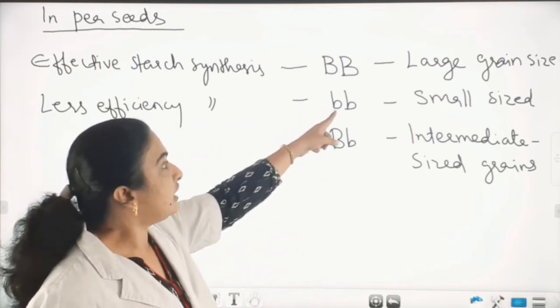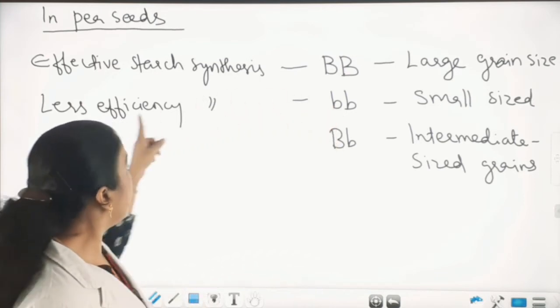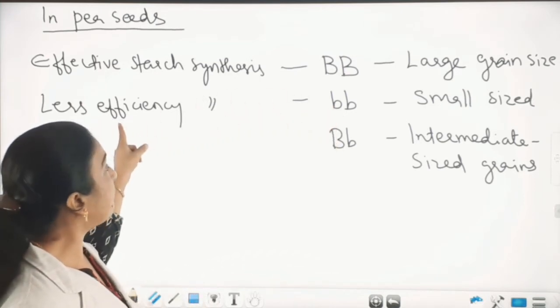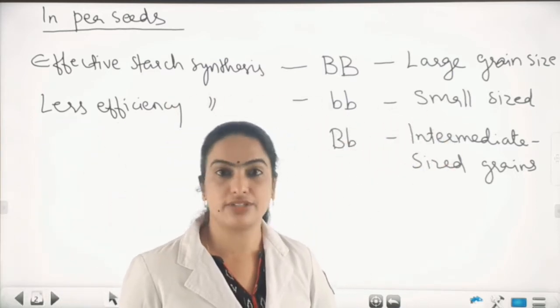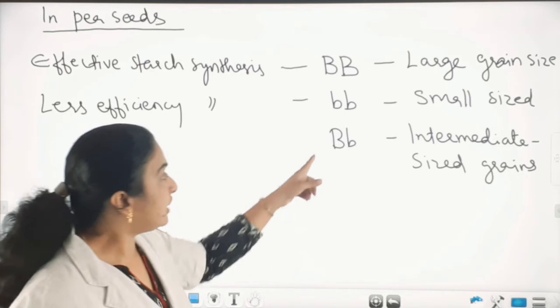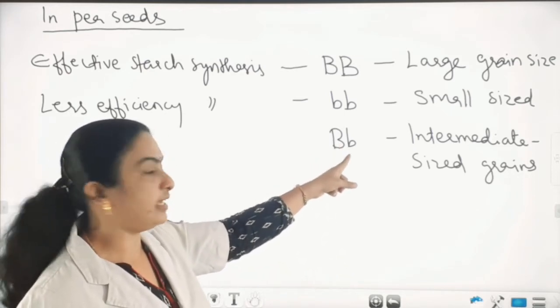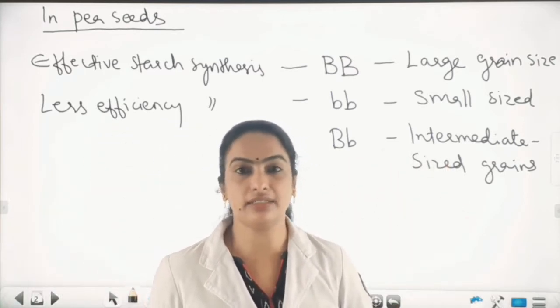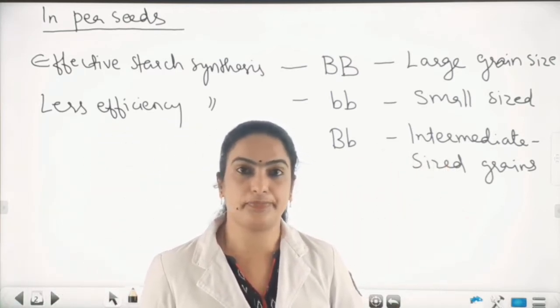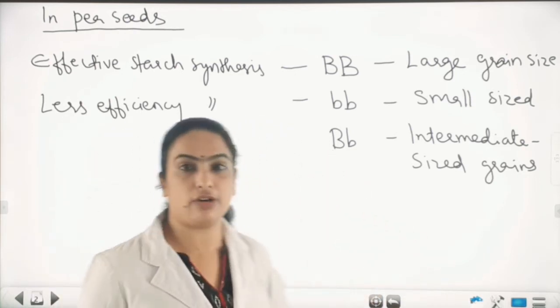But the gene with the small b homozygote has very low efficiency, so it has small sized starch grains. And the gene with the heterozygote, capital B, small b, produces intermediate sized starch grains. Medium sized grains are produced by this heterozygote.